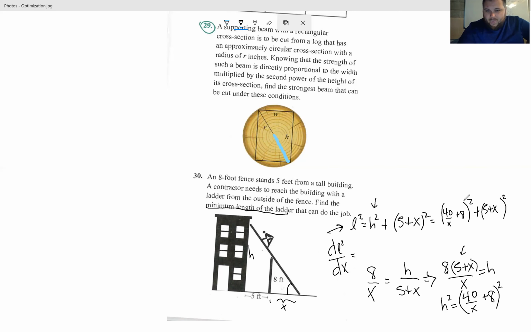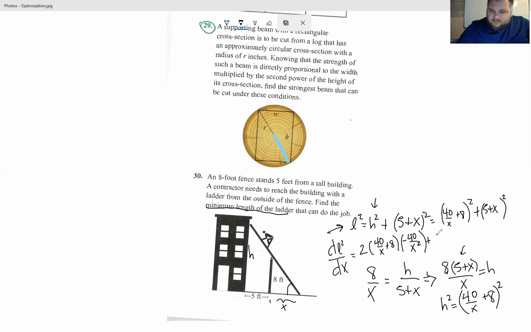So I'm going to get 2 times 40 over x plus 8. And then the derivative of the inside: that's x to the minus 1, so we would get minus 40 over x squared out of that, because x is in the denominator.